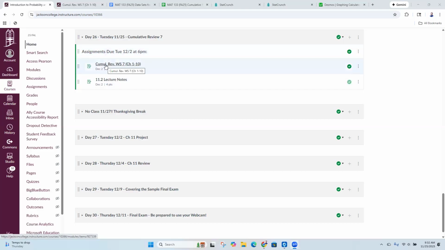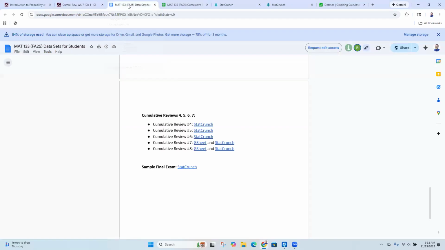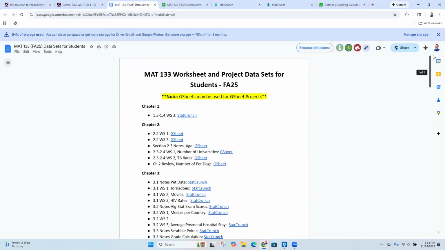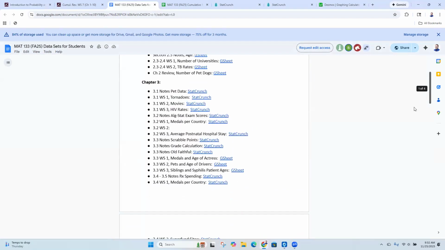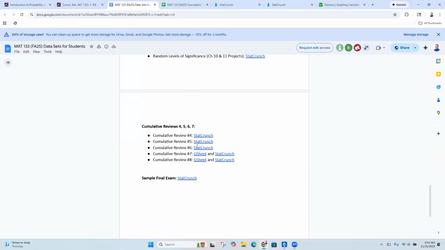If you click on the cumulative review number 7 in Canvas, it'll take you to this page, and there is a link that you can click on because there are a couple of data sets that we'll need. When you click on that, it'll bring you to this giant document that has all the different data sets for all the different worksheets. You have to scroll almost to the bottom to find cumulative review number 7. So that's right here.